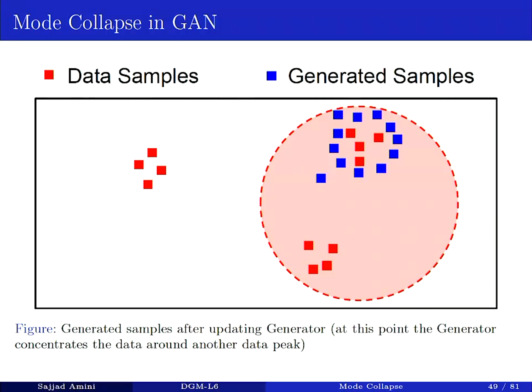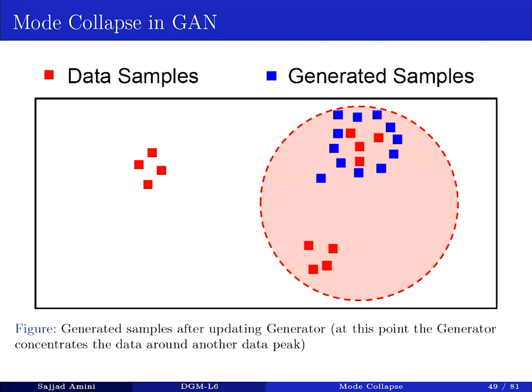What happens? The generator cannot diversify its samples. It generates samples that are very similar to each other. And now you update the discriminator. What do you think happens next?